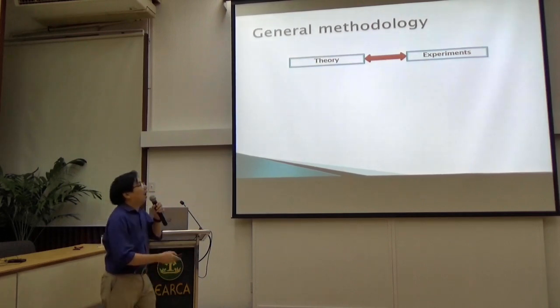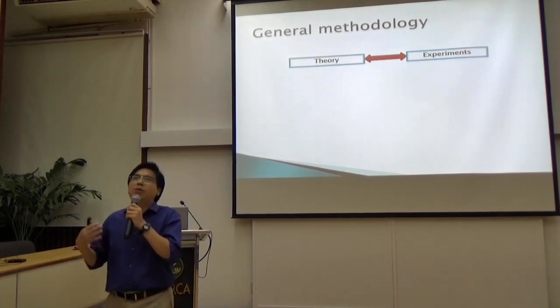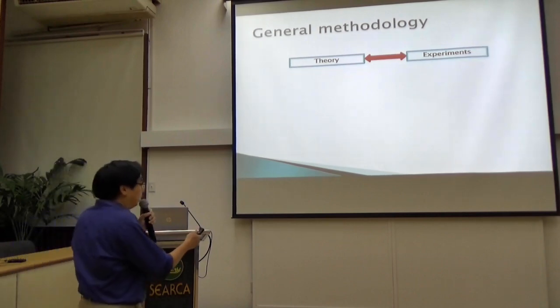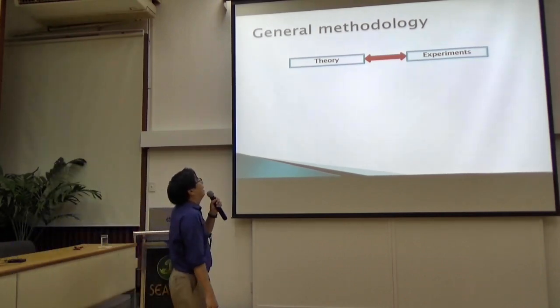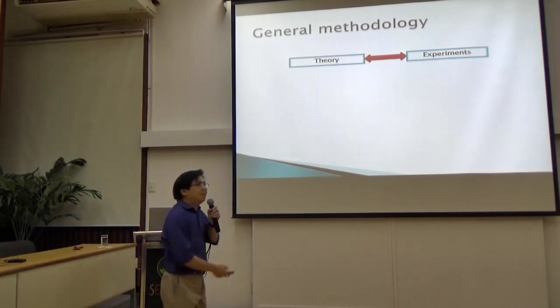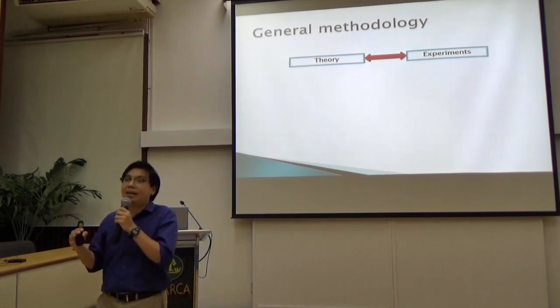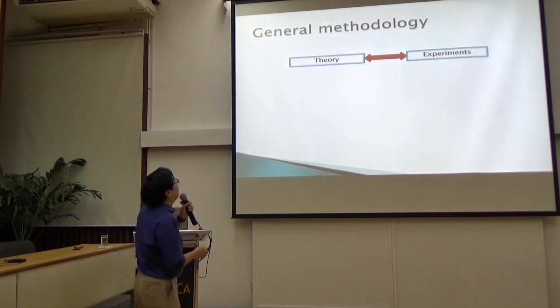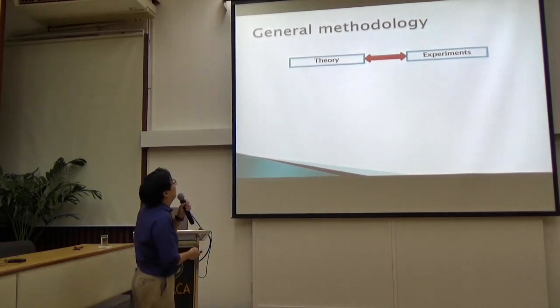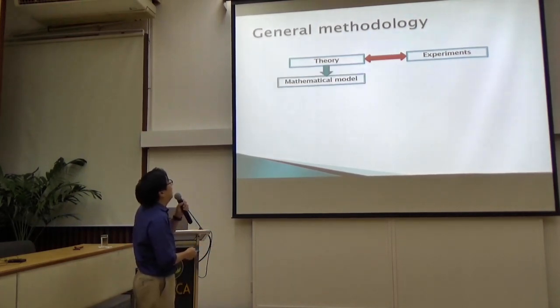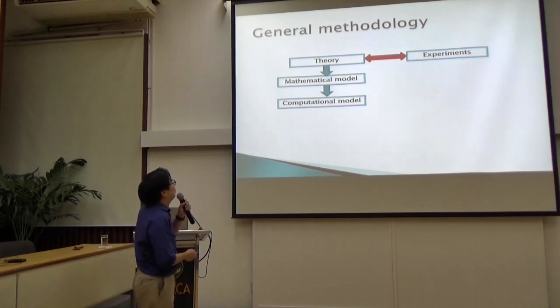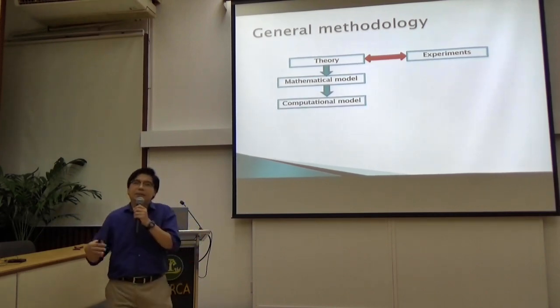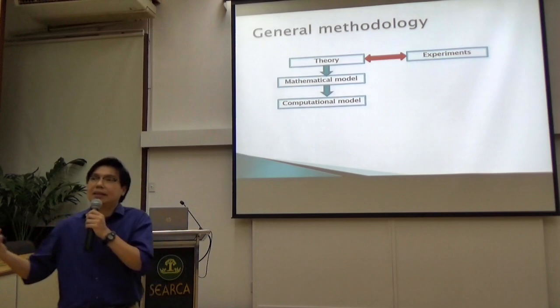And now we go to general methodology. So how do you make or do a model? Basically you start with theory and experiment. So you have data. You always start with data when you're going to model something. And there's usually some theory that explains the experiments a bit. And then you make your model. There's a computational model. So what's the difference? The mathematical model is the math.